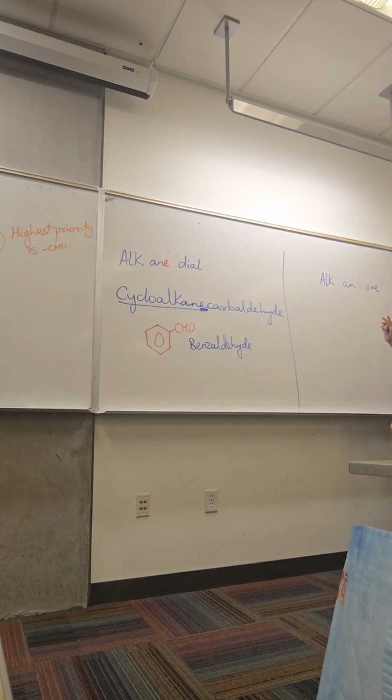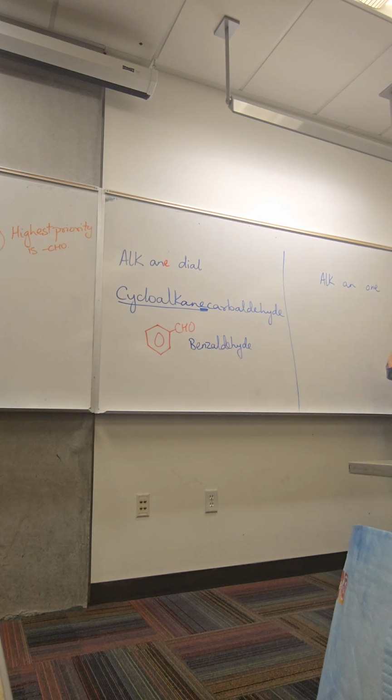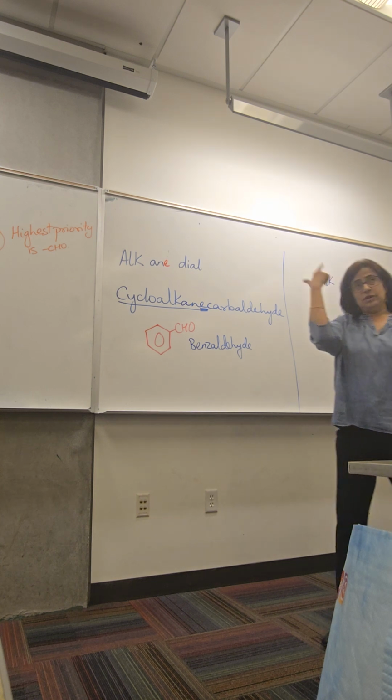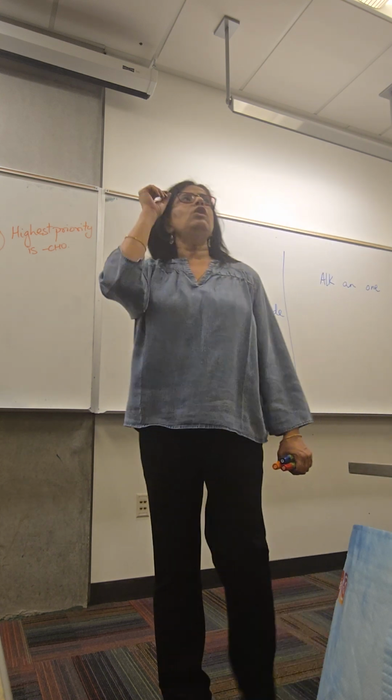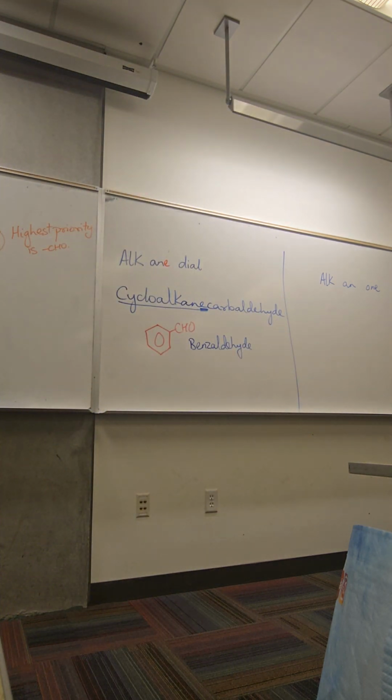Now, there's a big difference between alkanal and alkanone. Think about this, picture it in your mind. What will always be the position of an al? At the end carbon. Okay, what number would that be? 1.